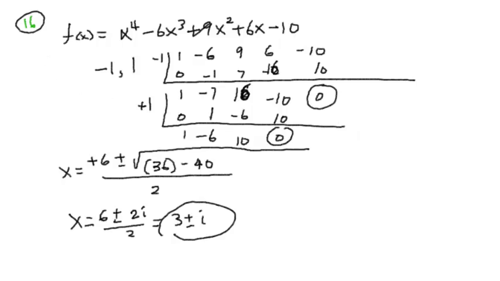Number 17. We have find the horizontal asymptotes. For the horizontal asymptotes, you have to look at the x terms, the highest order ones, and then you can kind of ignore the other ones.